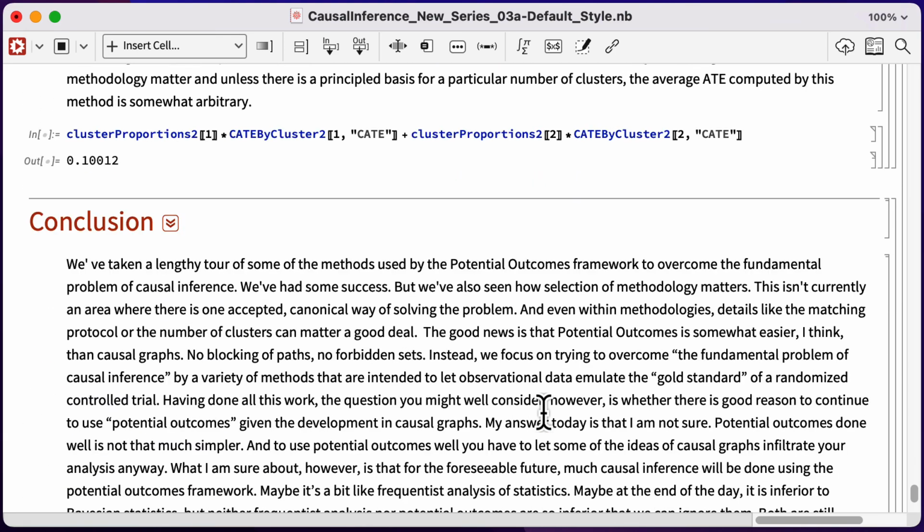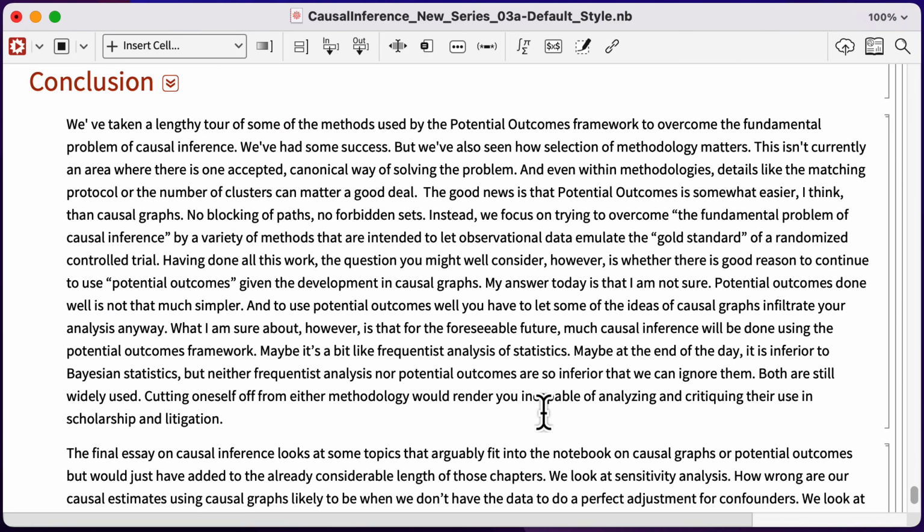All right, so we've taken a tour, a survey of some of the methods used in potential outcomes. The question that you might consider is, given how fragile this all is, should you use it? And I have to say, I am not a big fan of potential outcomes. It's one of the reasons I didn't stress it.